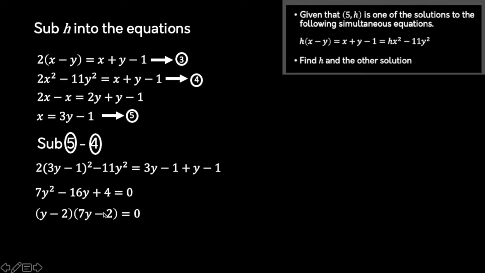We got 7y minus 2. This is how you convert fractions into integers. You just transfer the denominator next to the variable here.